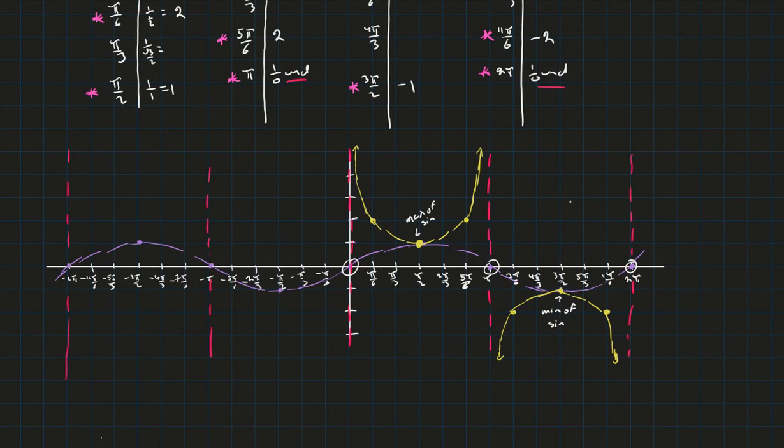And I'm not even going to worry about this negative 2 and 2. All you need to know is where there is a max and a min, and then you're done. So really, in order to graph a cosecant, you need to know what a sine graph looks like for that. And whenever you see the max and min, boom, graph it opening up and down, and put the asymptotes wherever you see the x-intercepts for your sine graph.